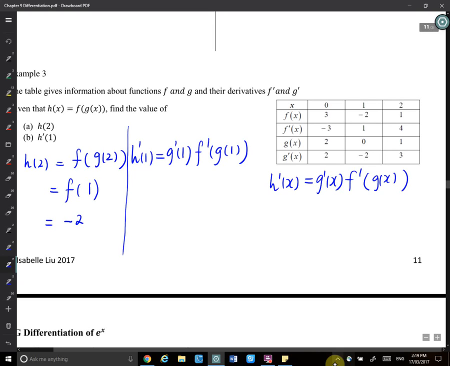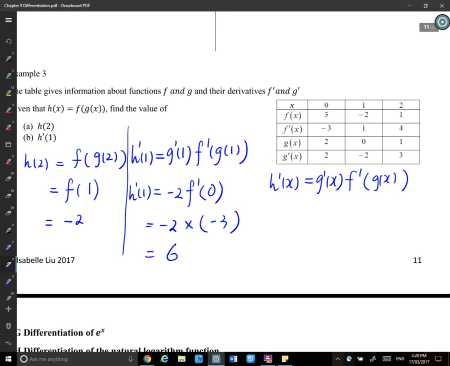Put 1 into here and here. What is g'(1)? g'(1) gives you negative 2. Then f'(g(1)): what is g(1)? g(1) is here, 0. So we have f'(0). f'(0) is minus 3. You times them together to give you 6. So h'(1) is 6. So the second formula is actually used for this type of question.